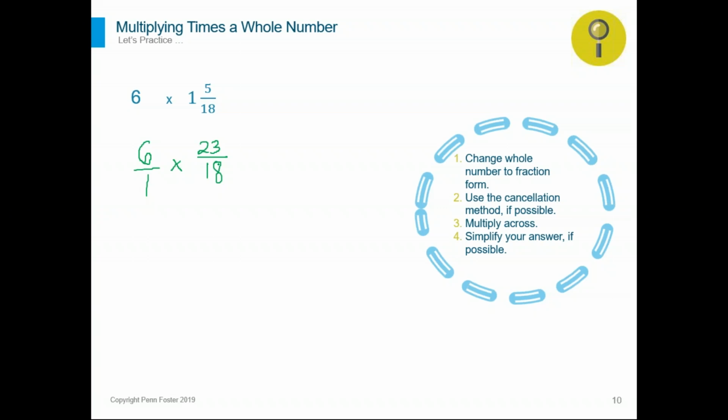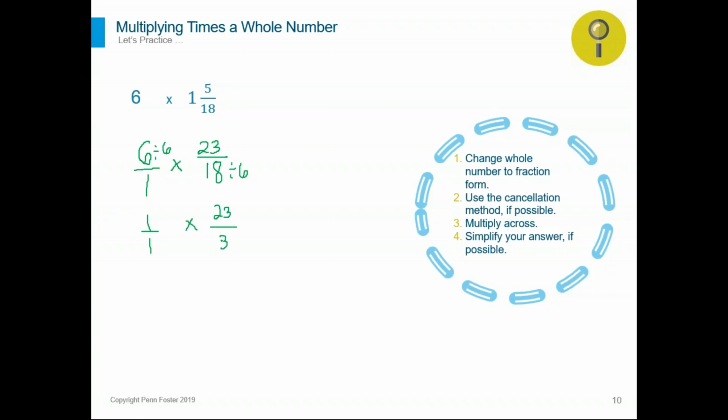Next, since we have fractions, no whole numbers, no mixed numbers, we can use the cancellation method. 1 and 23, no common factors. 1 and 6, no. 6 and 18, yes, so divide over 6 and divide over 6, and 6 over 6 is 1, and you have a 1 already in the denominator. 23 will just stay as is, and then you divide 18 over 6, and that will give you 3 in the denominator.